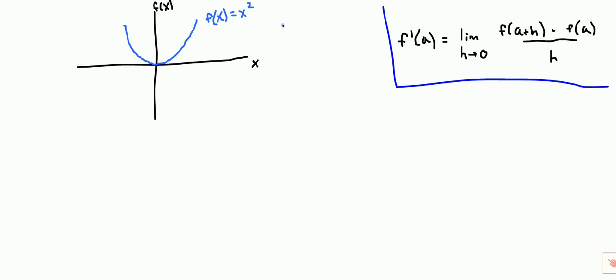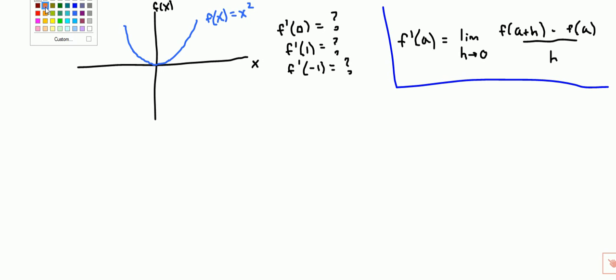So we're looking for f prime of 0, f prime of 1, and f prime of negative 1. Let's start out with 0. At x equals 0, we're looking for f prime of 0.